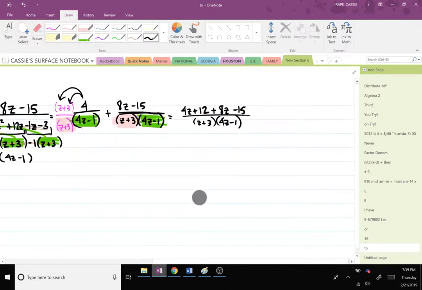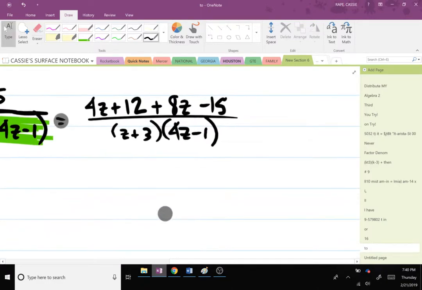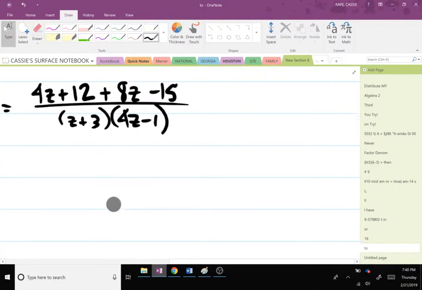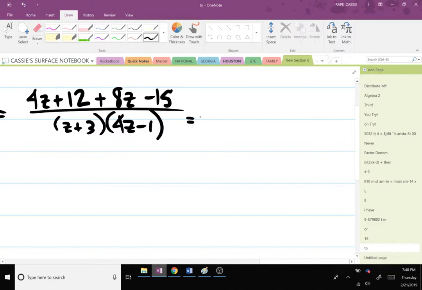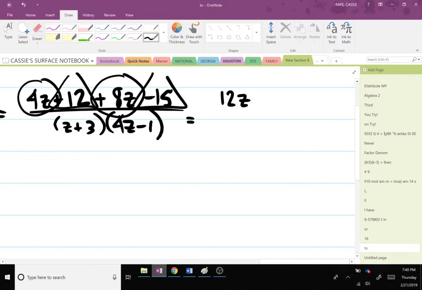Okay, once you have combined the numerators, you go, well, actually, I haven't finished combining the numerators yet. I'm going to go ahead and combine like terms. So I've got 4z plus 8z, which is 12z. And then that's a plus 12 minus 15. So that's going to be 12z minus 3 over z plus 3 times 4z minus 1.